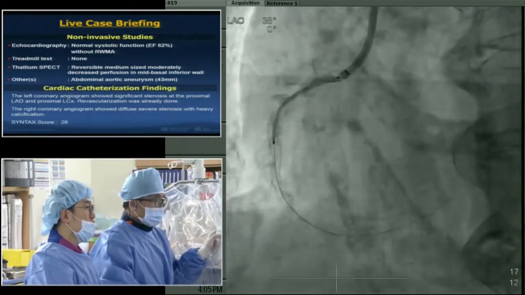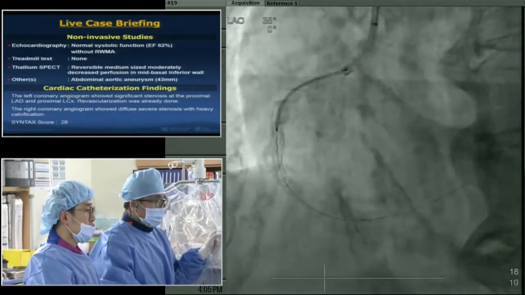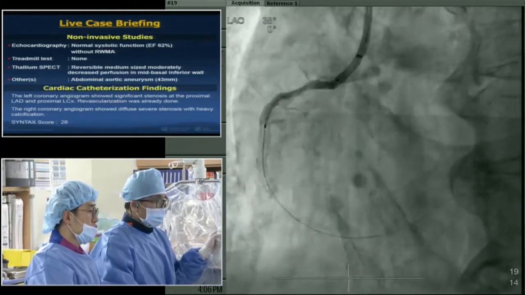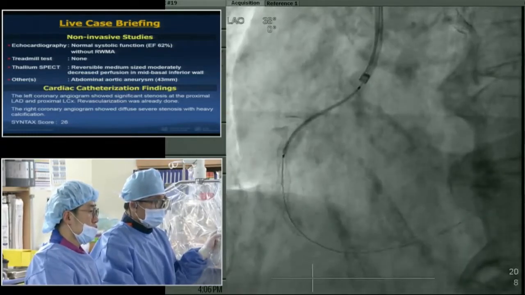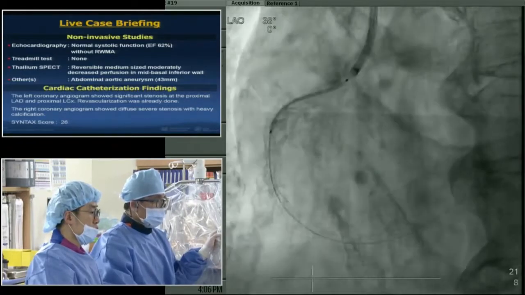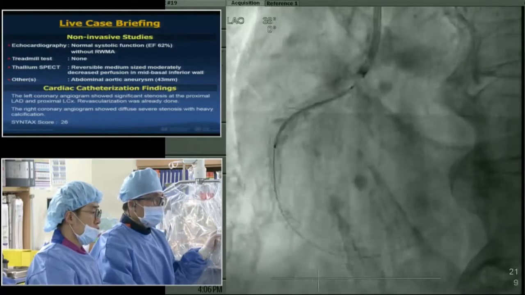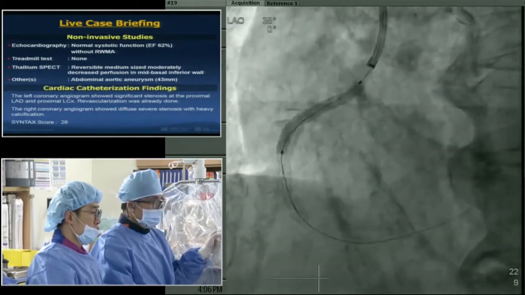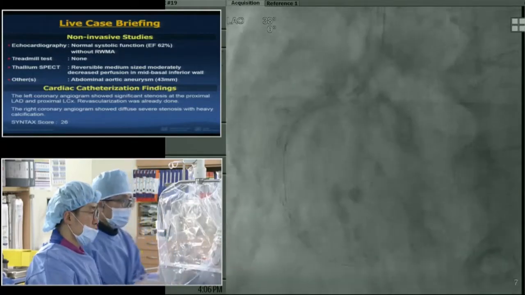And finally, we tried to locate this stent at the proximal toward the ostium like this. This is a 3.5 by 32 millimeter stent, and we deployed it. This is our current status.